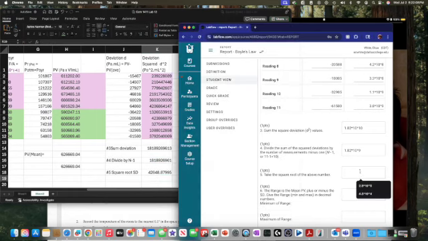So I'm going to copy that. And that will be 1, 2, 3, 4. It's going to be 4.3 times 10 power 4, right? 1, 2, 3, 4. Okay.